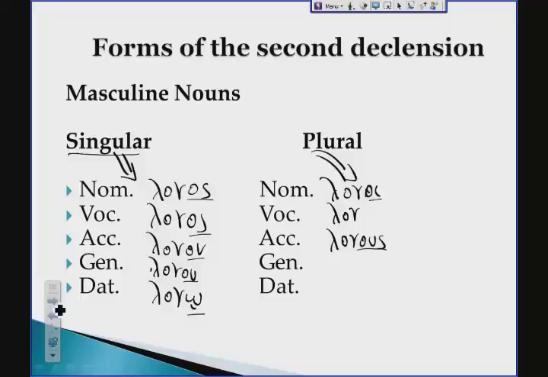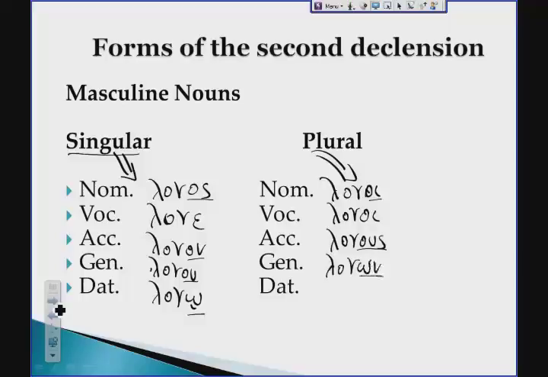In case of the singular, I'm sorry, I made a mistake. This will be loge, but then this now will be logoi, words, sorry. And then the genitive, logon.